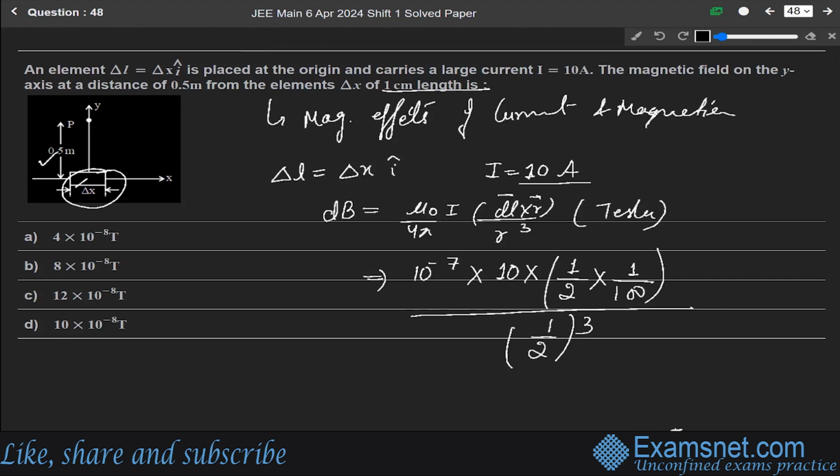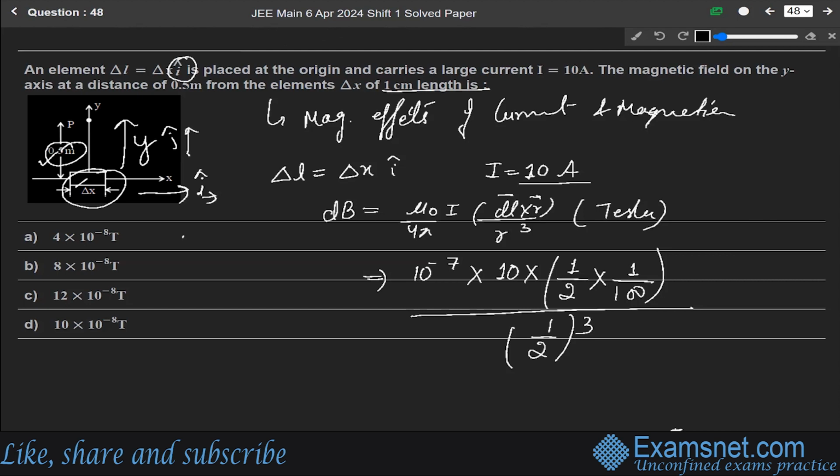And since we are given that the element is in terms of i cap, the element is in the x direction, and the magnetic field is at a distance of 0.5 meter on the y-axis, let us say this is j cap, so this is in i cap and this is in j cap.